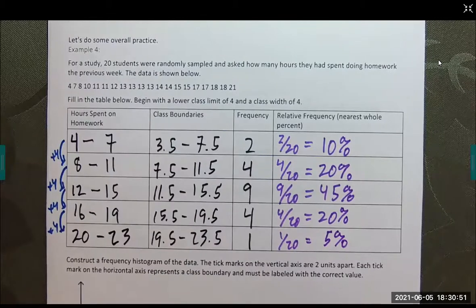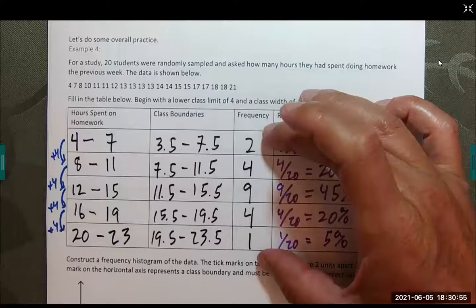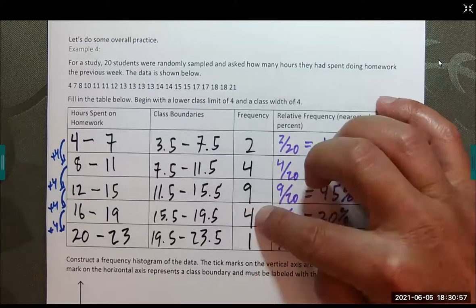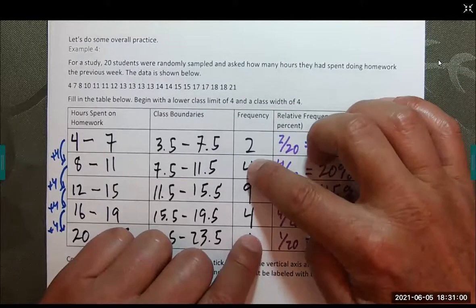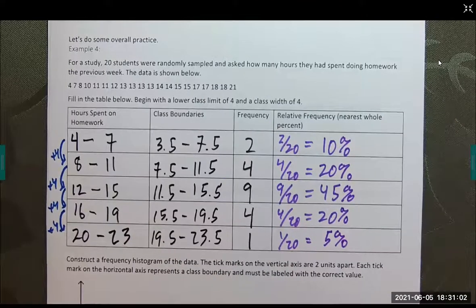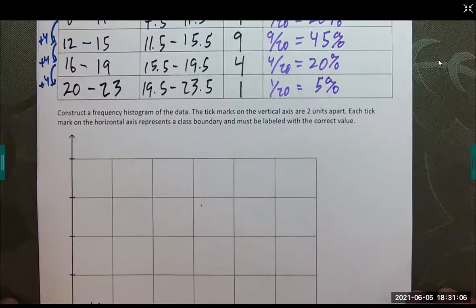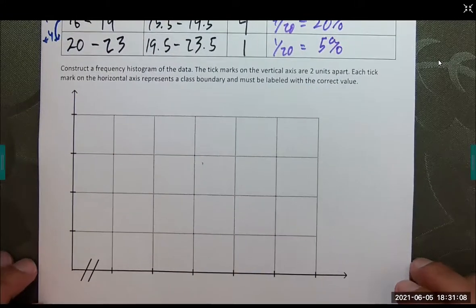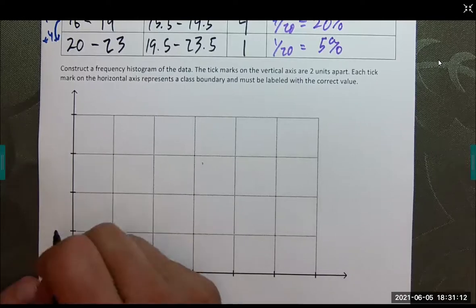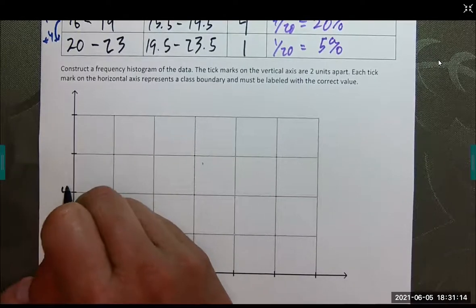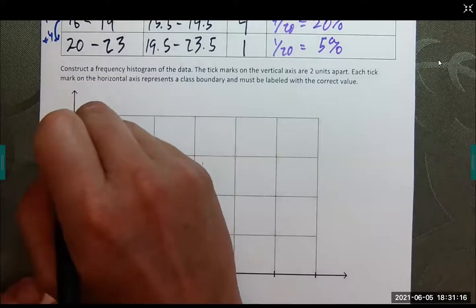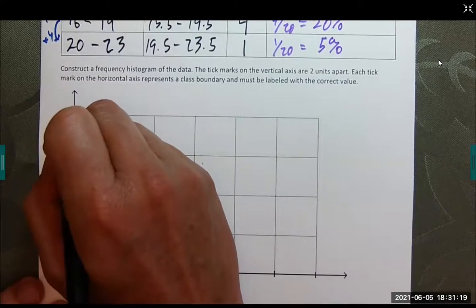I would like to point out that this does look like it's a normal distribution, meaning most of the data is in the middle, and then it gets smaller and smaller as we tail apart like that. And what we're going to do is use this to graph our histogram. Now, on this axis, I'm going to go by 2s. 2, 4, 6, 8.